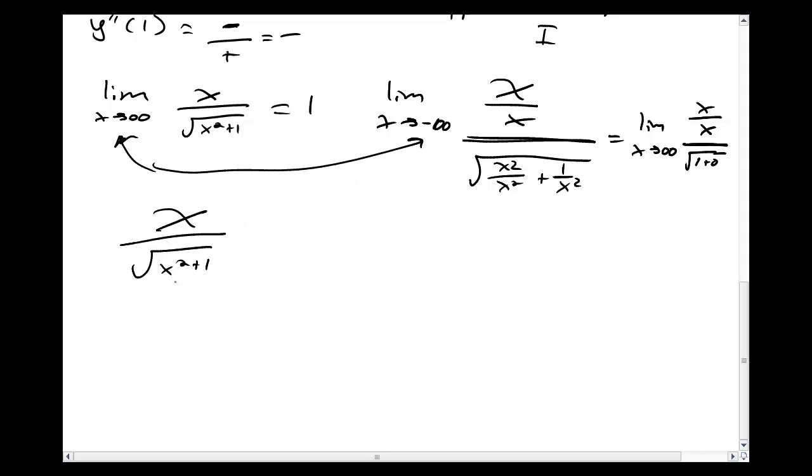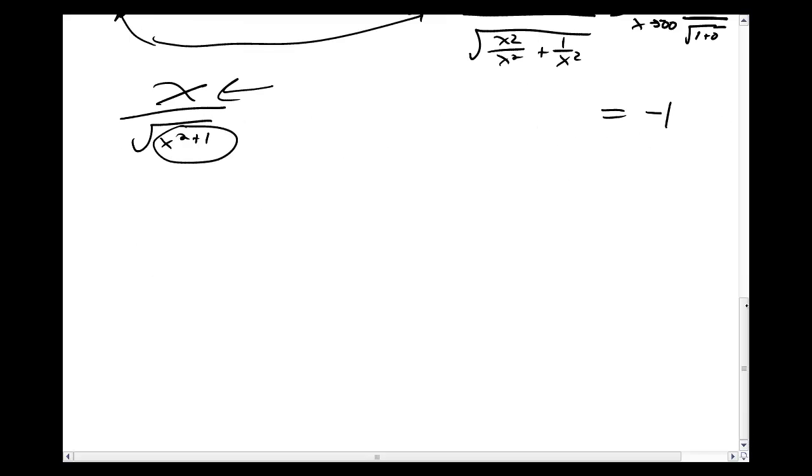If x is getting negative, this bottom part right here, regardless of what x does, is always going to be a positive number. But if I'm plugging negative numbers into the top part, this guy doesn't have any squares or absolute values, so he is going to be negative. Which means this infinite limit here, as x is going off to negative infinity, is not going to go to positive 1, but to negative 1.